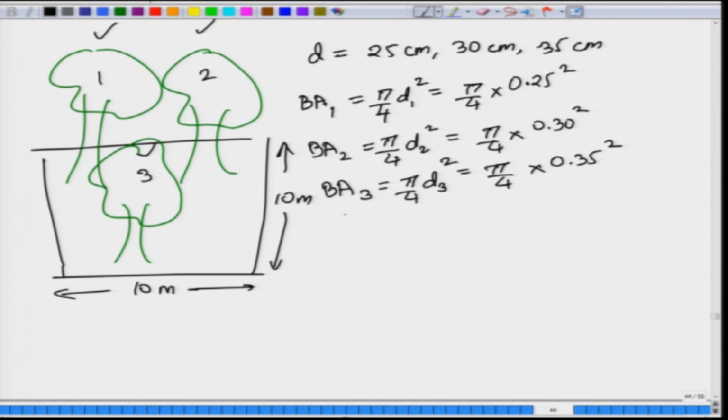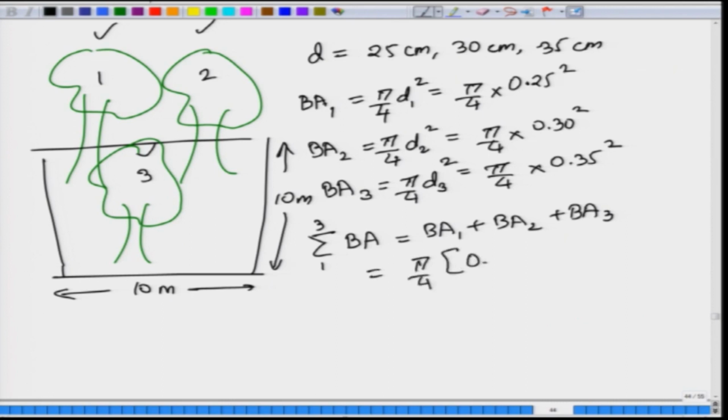Now, the total basal area, the sum of the basal areas from tree 1 to 3, is given by BA1 plus BA2 plus BA3. So, you have pi by 4 into 0.25 square plus 0.30 square plus 0.35 square. This sum comes out to be 0.216 square meters.